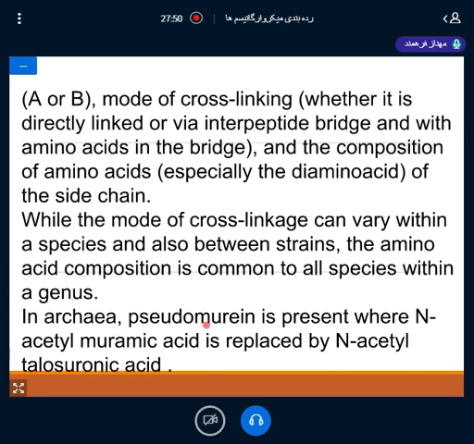In archaea, we have N-acetyltalosaminuronic acid instead of N-acetylmuramic acid in bacteria. So here you can see another variation in the peptidoglycan structure.